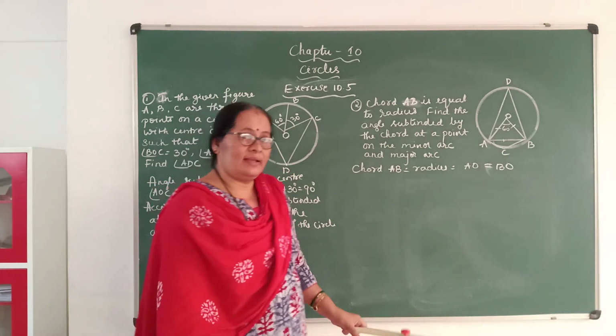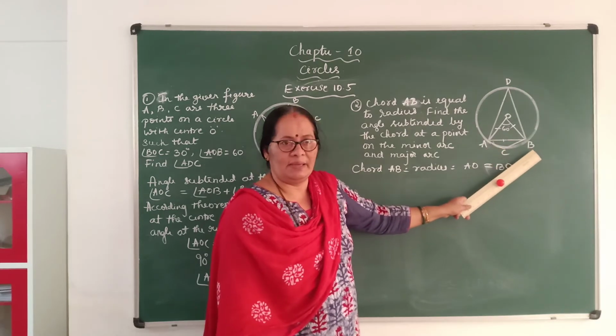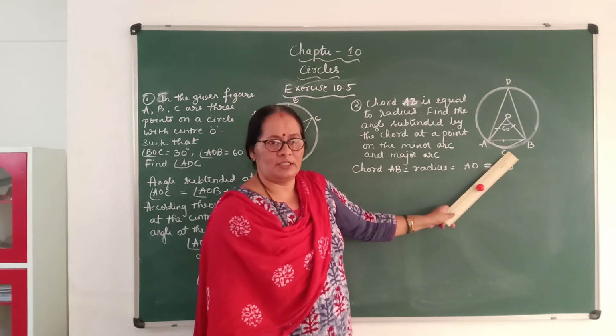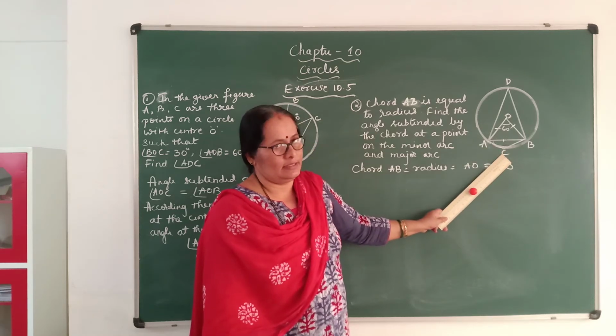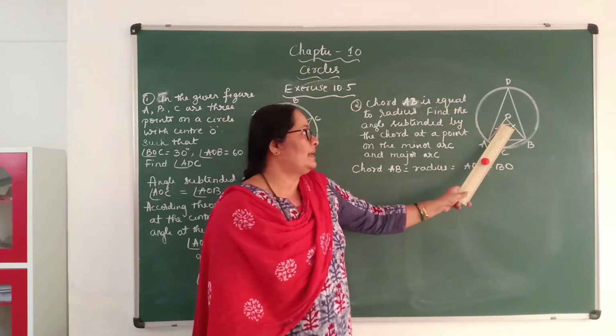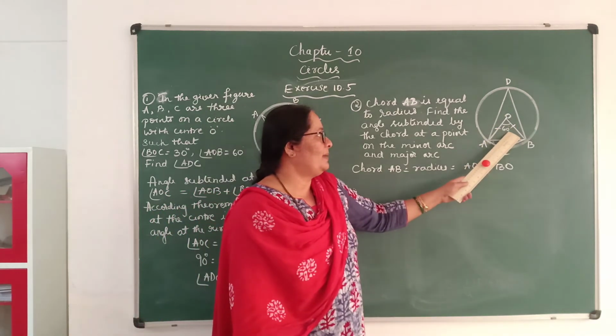What about the angle in the minor arc? The minor arc is ACB. The angle in the minor arc is half the angle of reflex AOB. Now, angle AOB is 60 degree.